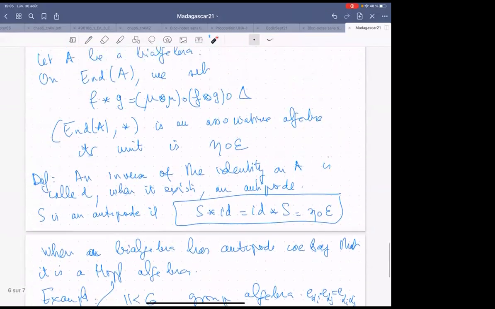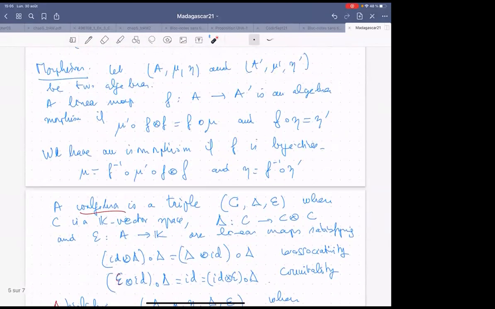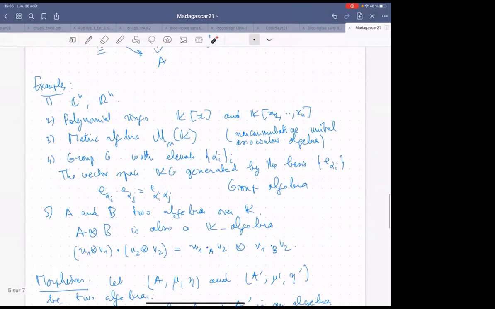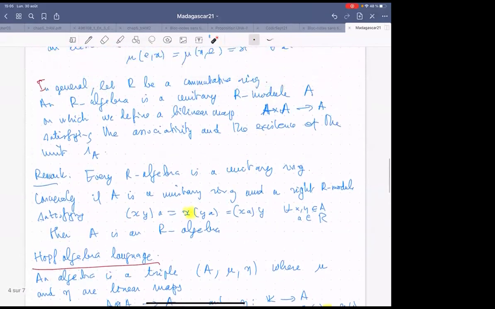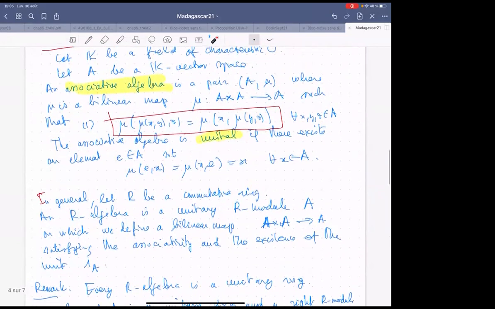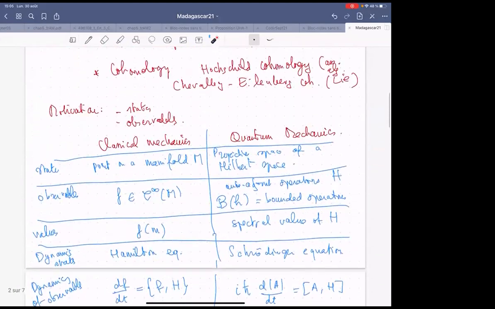Okay. Yeah, but the product is just the usual multiplication. Here it's just (x1, ..., xn) times (y1, ..., yn), which is (x1 y1, x2 y2, ..., xn yn). Is it clear? Yeah. Thank you.